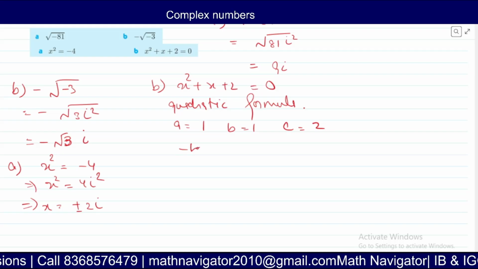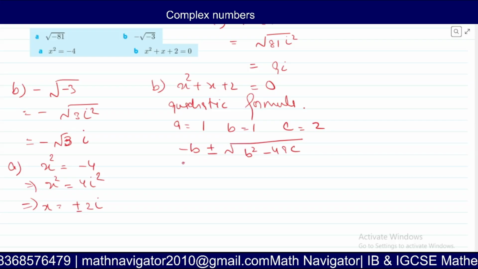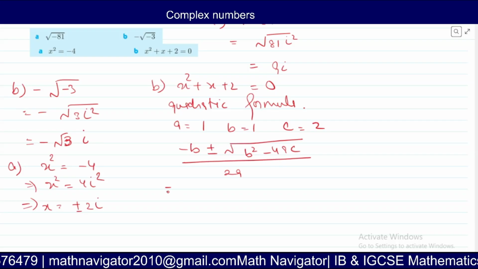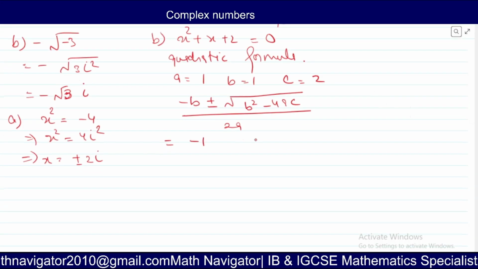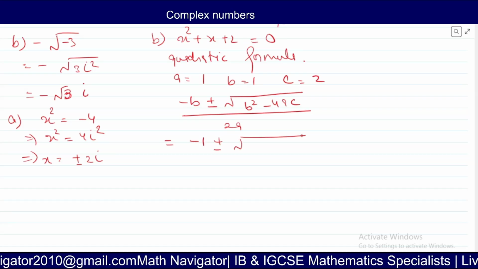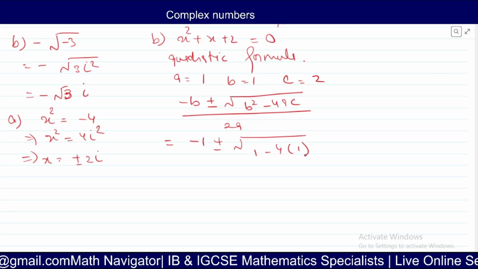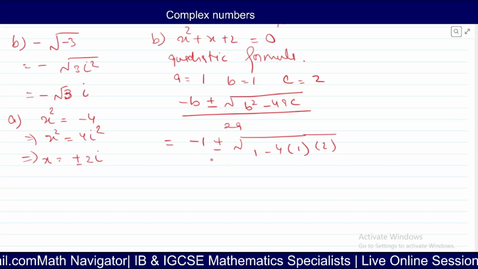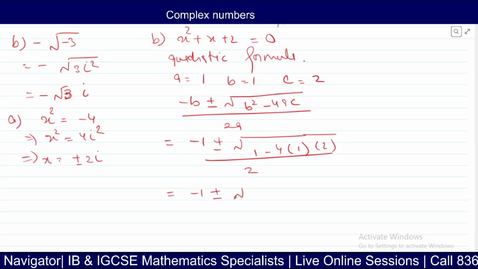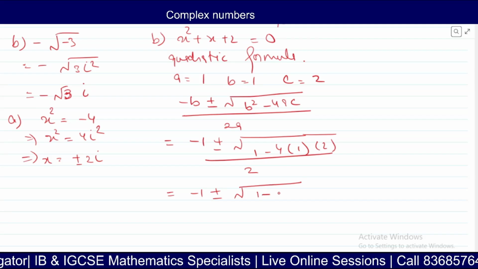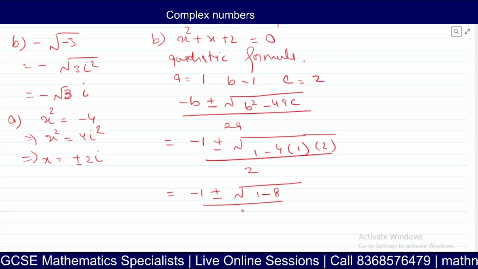So my quadratic formula is minus B plus minus under root of B squared minus 4AC over 2 times A, which will give me -1 plus minus root of 1 minus 4 times 1 times 2 over 2, which will give me -1 plus minus under root of 1 minus 8 over 2.